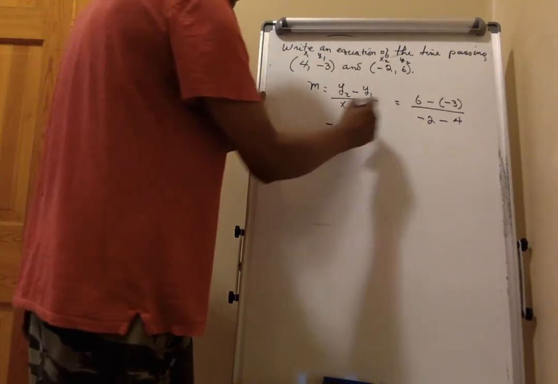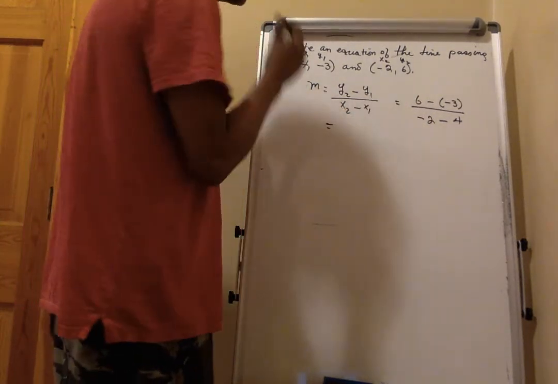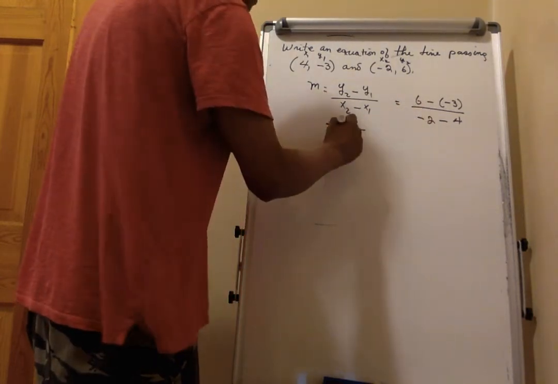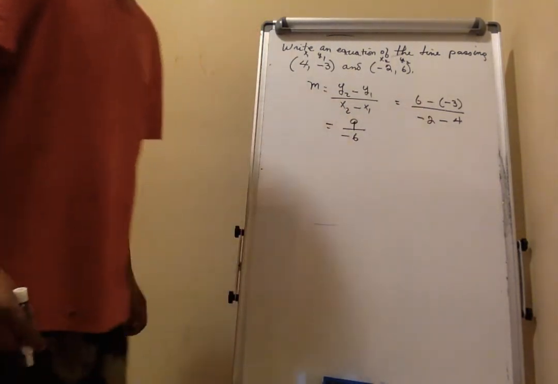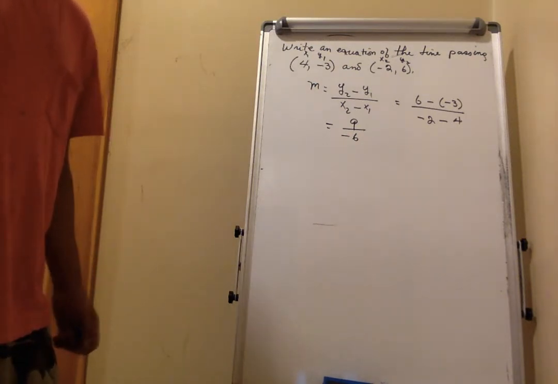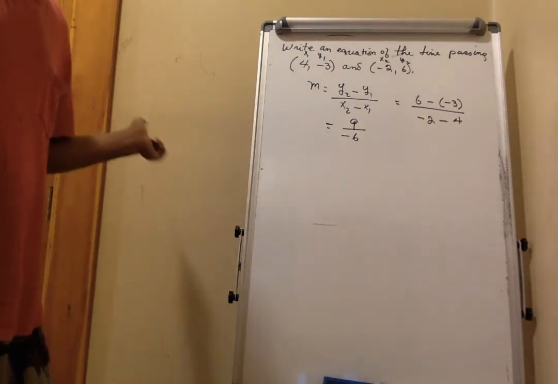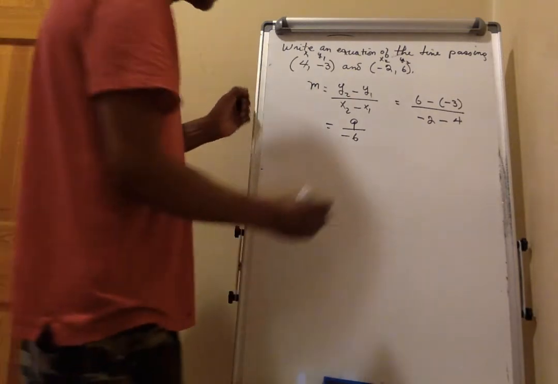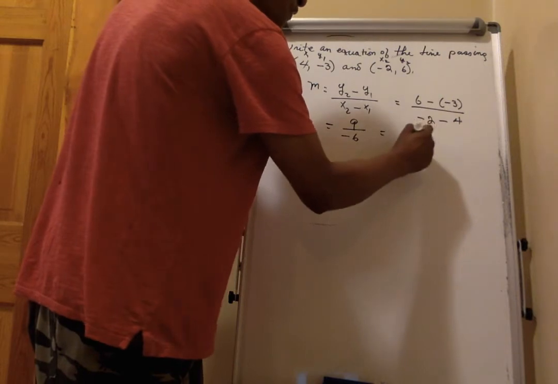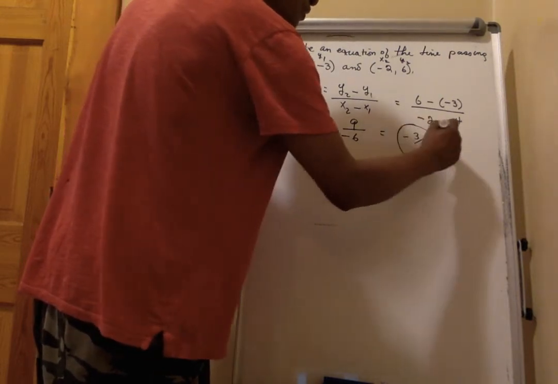Let's simplify this. 6 minus -3 is 6 plus 3, which is 9, and -2 minus 4 is -6. So you have a negative slope, which means a graph that is descending. Simplify this and you end up with -3 over 2, which is your slope.